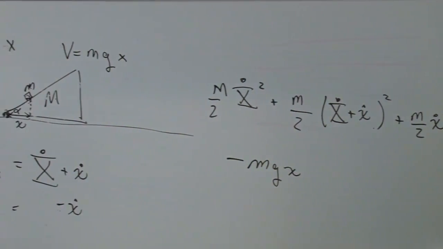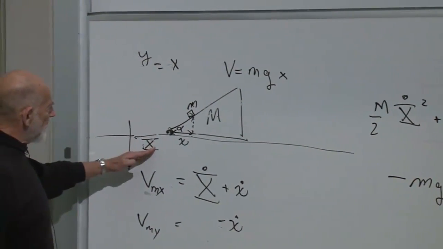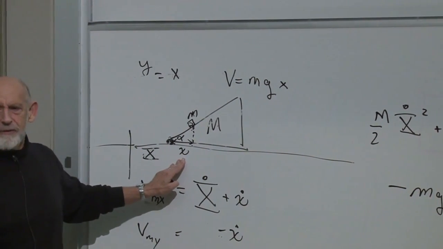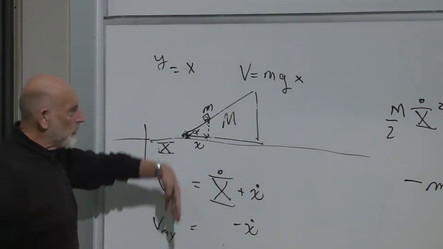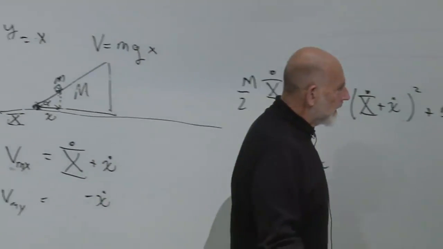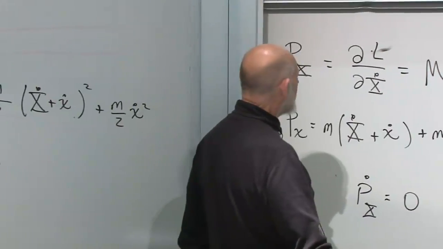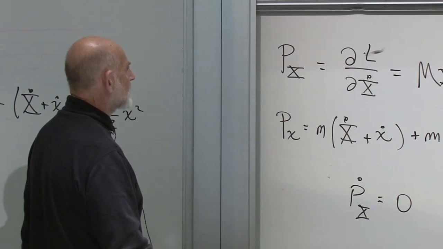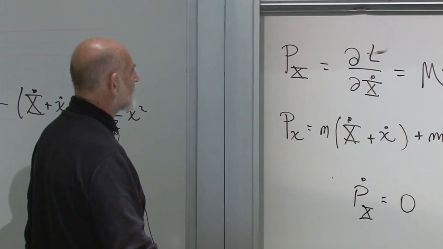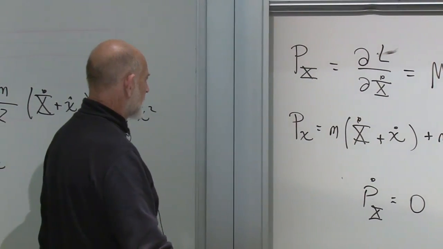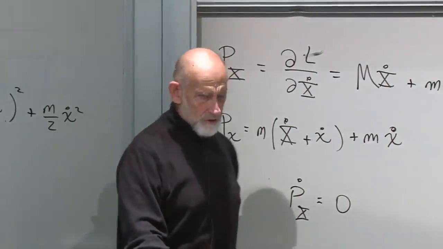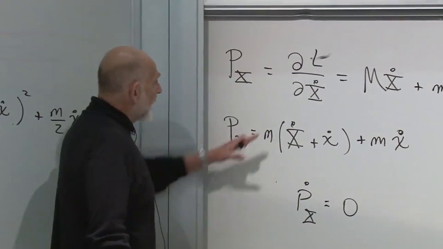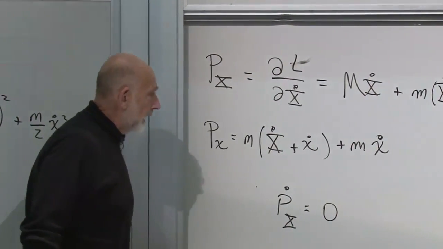And if you want to know what it really is, it's capital M, capital X dot, plus little m, little x dot, as you might have expected. It's really the total momentum. You can work that out. Yeah, it's true. It's just the ordinary total momentum. But it appears in this problem as the momentum conjugate to capital X.